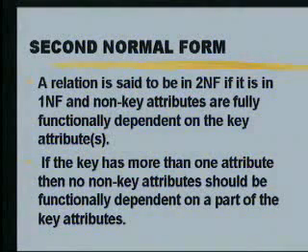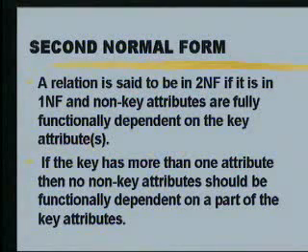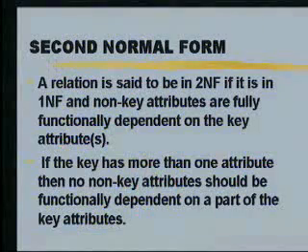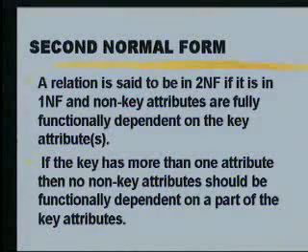The second normal form: a relation is said to be in 2NF if it is in 1NF and non-key attributes are fully functionally dependent on the key attributes. What does this mean? Anyway, we will talk about it. The second point here is if the key has more than one attribute, then no non-key attribute should be functionally dependent on part of the key.